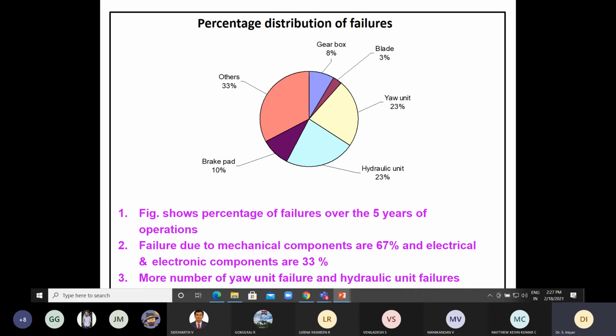More unit failures and hydraulic failures occur when compared with the other components. Apart from these two, the air unit and hydraulic unit failures are also included in the mechanical component, which comes under 67%. The other 33% is electrical and electronics component failure, right?